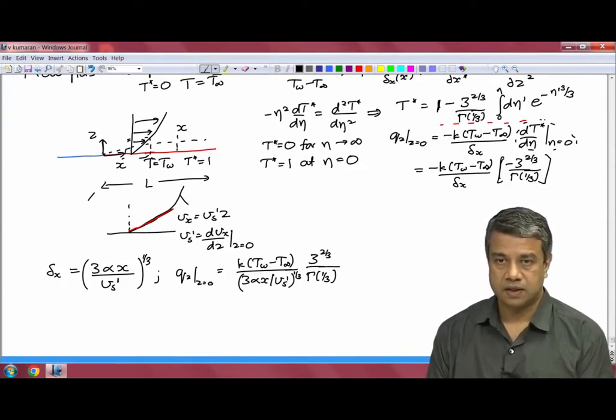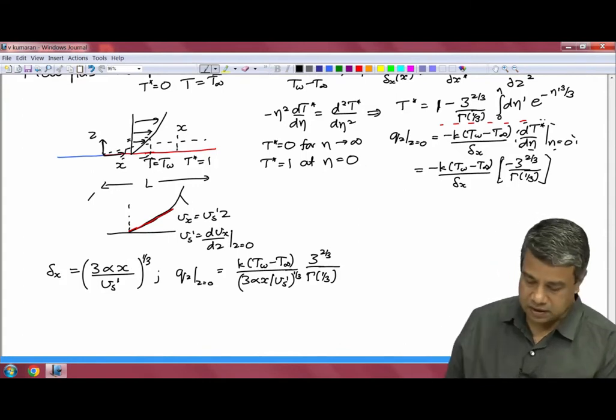To find out the average heat flux, we have to integrate this over the entire length of the plate.